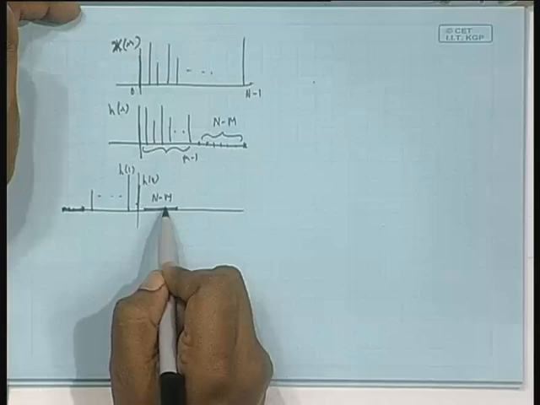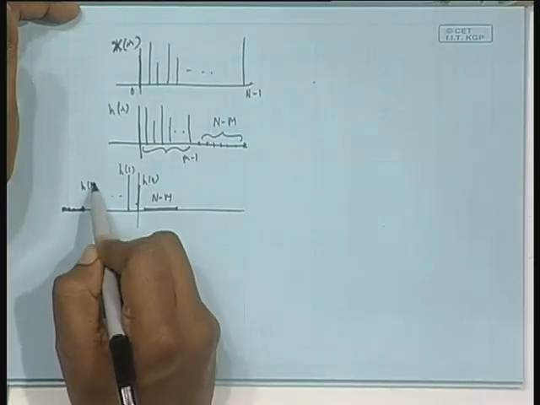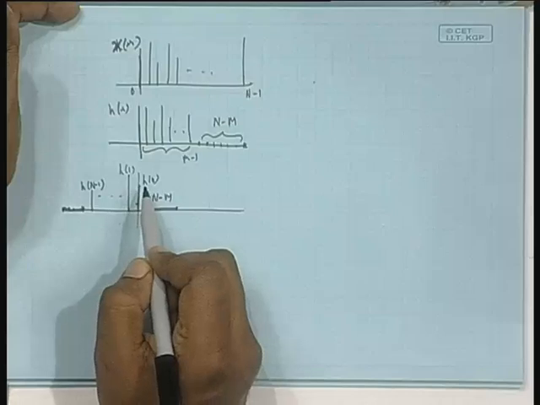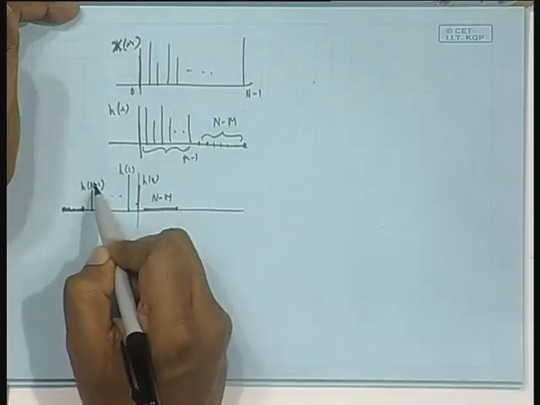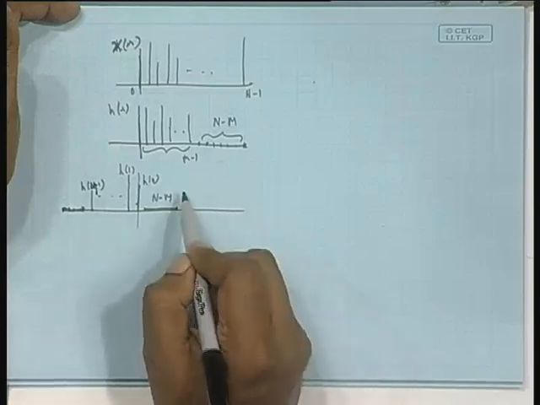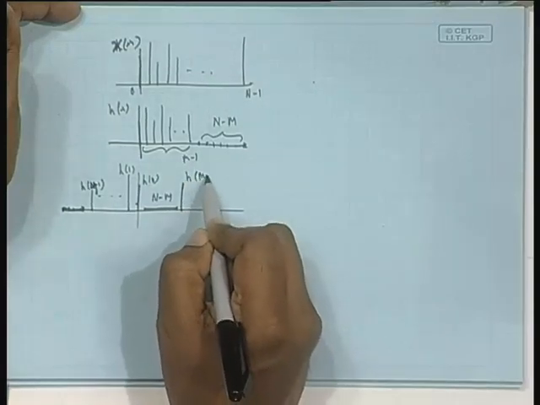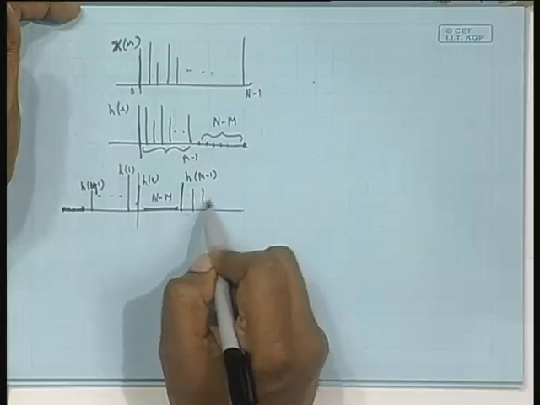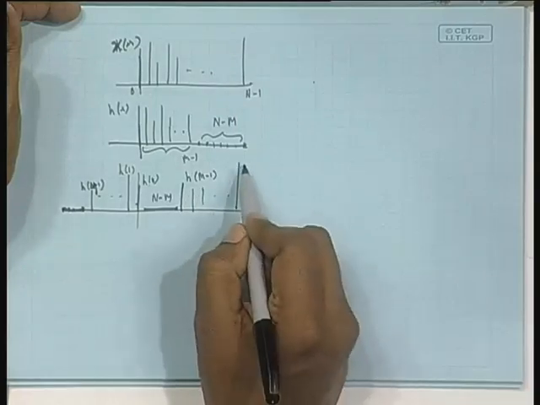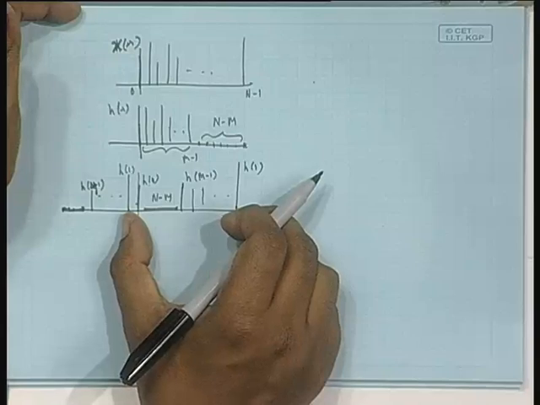This sample n minus m, and then I have got other samples. Which one? If it is h n minus 1, h what? H m minus 1. So, this is m minus 1. So, here also I have got h 1. This is my area of interest.